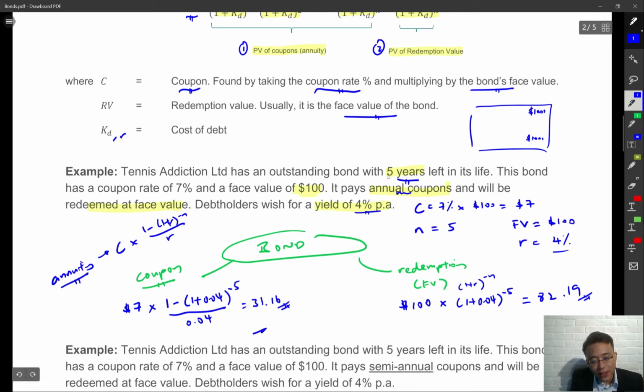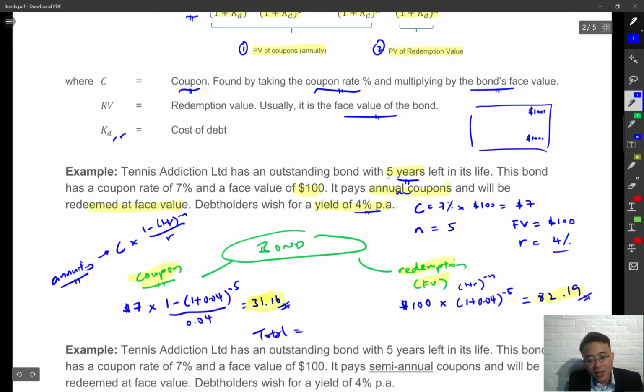So what is the total value of your bond then? Your total value will be adding up the 2 cash flows together. The present value of your first cash flow, namely the coupon, 31.16. The present value of the second cash flow, your redemption, 82.19.